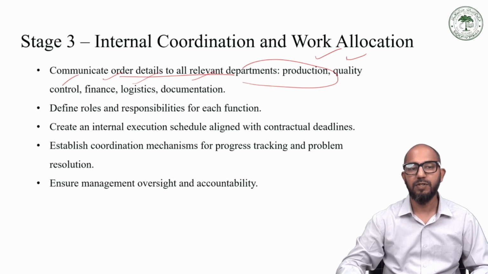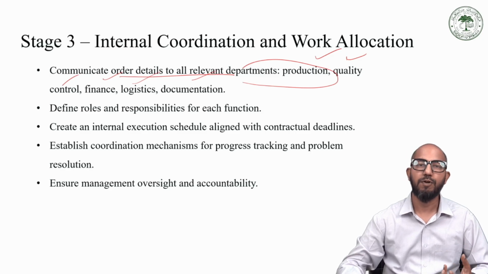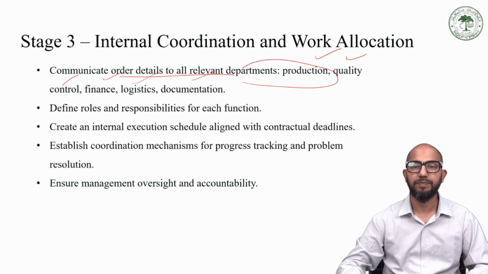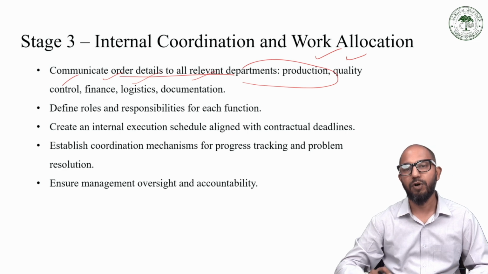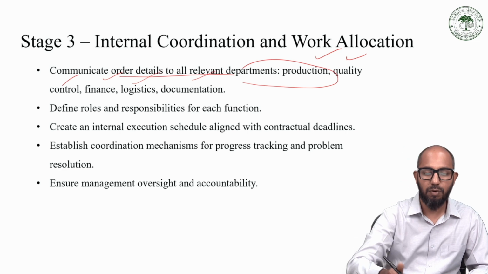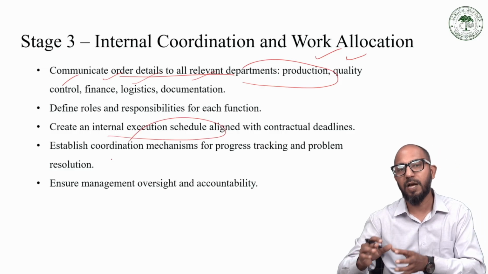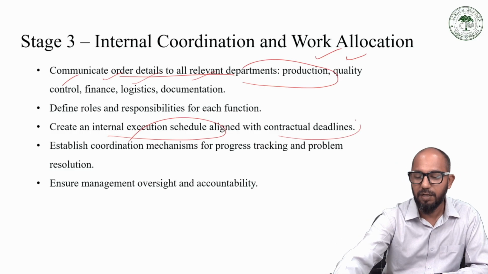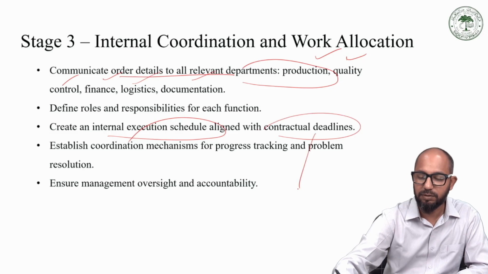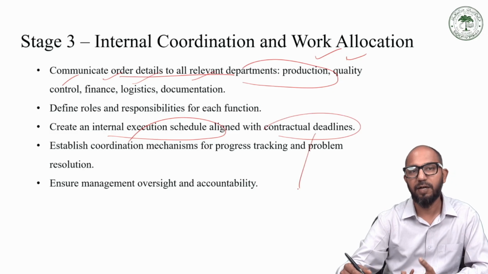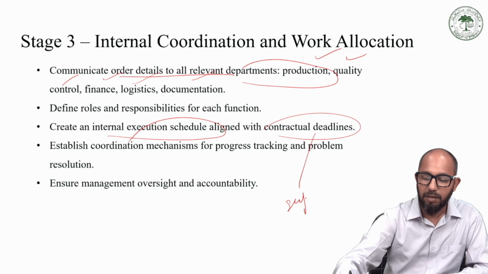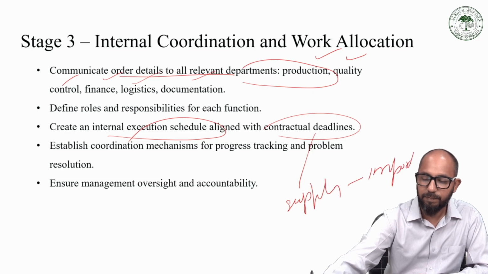With the help of this, these departments can define roles and responsibilities for each function. The internal coordination and work allocation also create an internal execution schedule which is aligned with contractual deadlines. That is the deadline set for supplying the goods to the importer, that is the buyer.